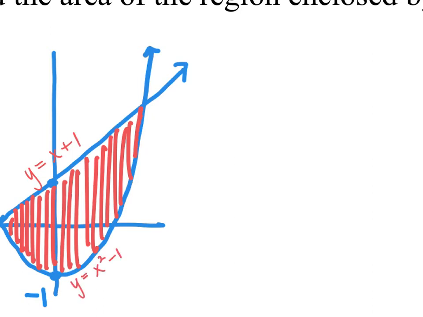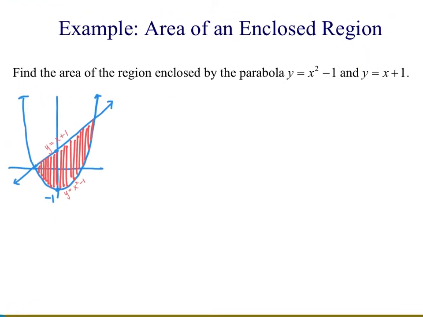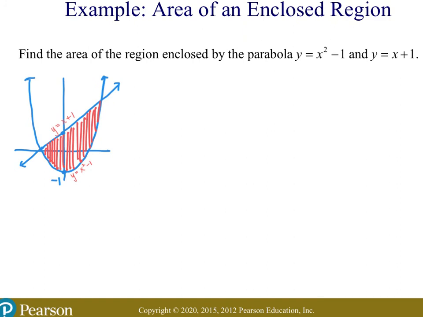But we need to find these intersection points. Now you don't want to just eyeball it, you want to actually solve for the intersection points. So we need to know what these two intersection points are. So algebraically, we set the equations equal to each other, because if they're equal, then we know where they're intersecting.